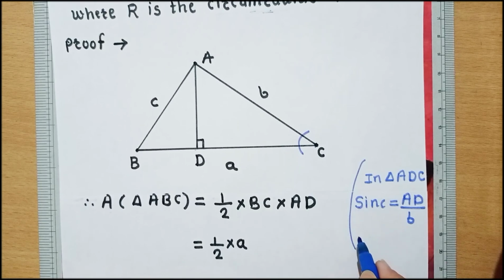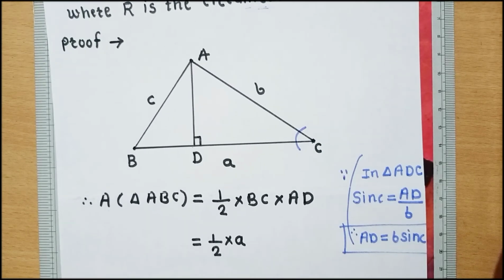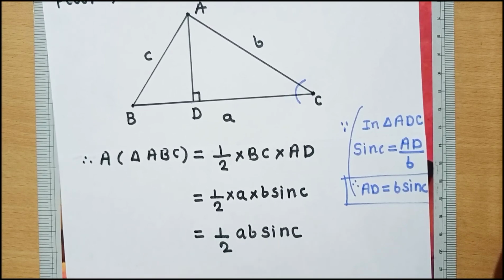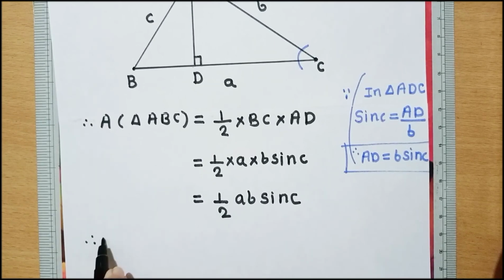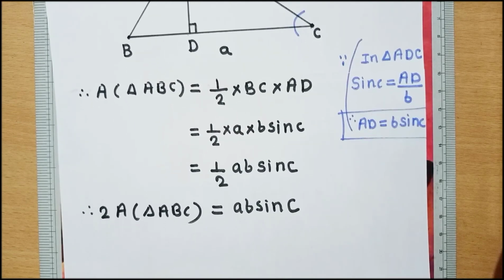Now move this b here, and therefore AD is equal to b sin C. So we will use this value here, and therefore 1/2 multiplied by a multiplied by b sin C, and again this is equal to 1/2 ab sin C. Now move this 2 to the left hand side, therefore twice the area of triangle ABC is equal to ab sin C. And similarly we can prove.